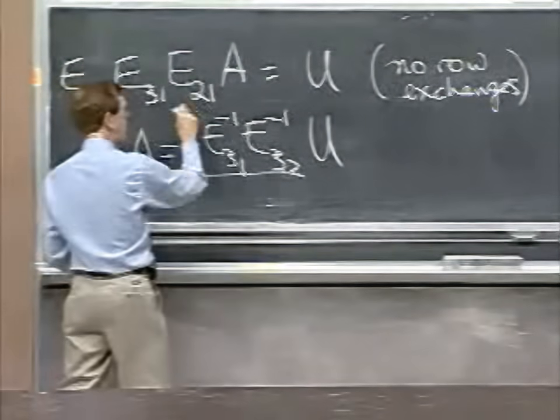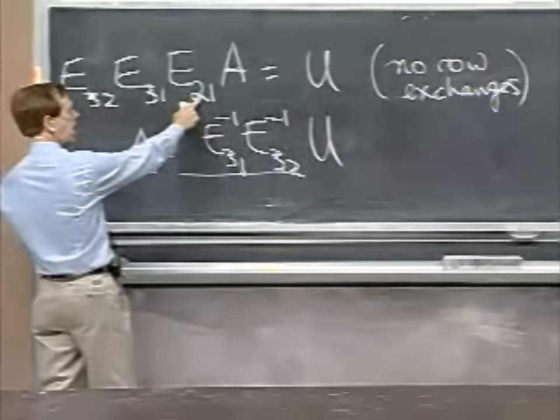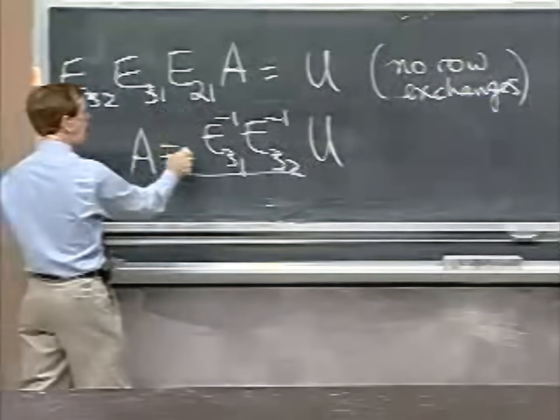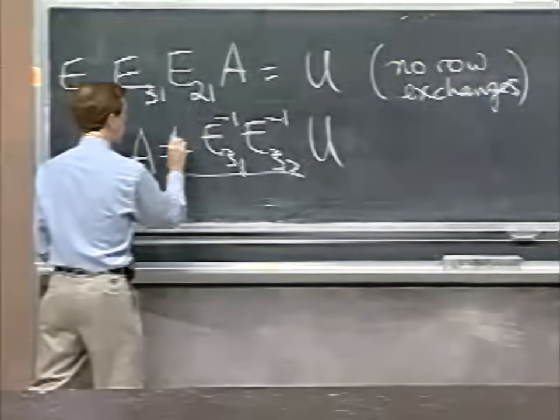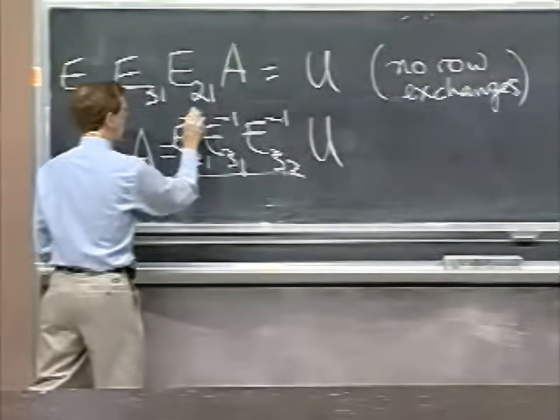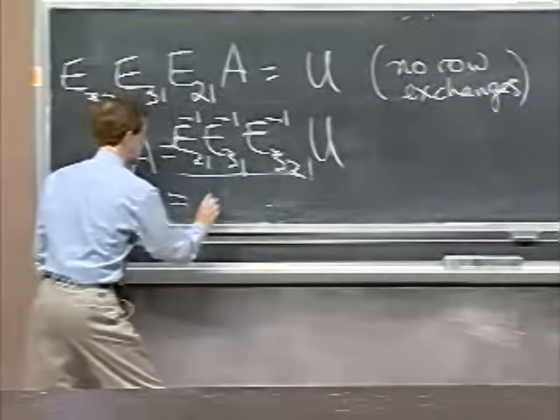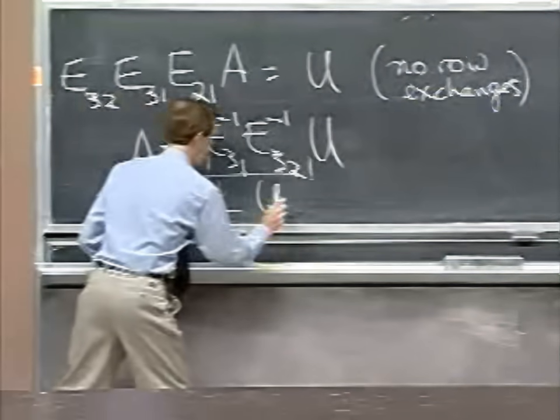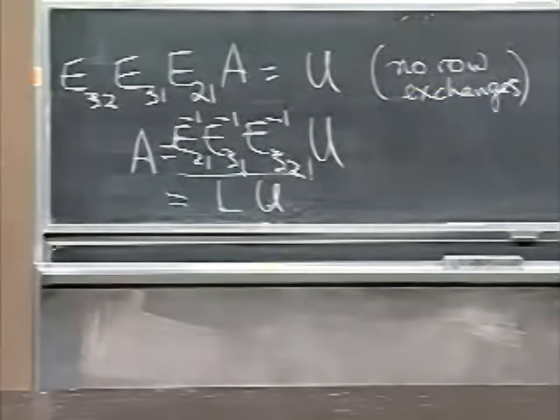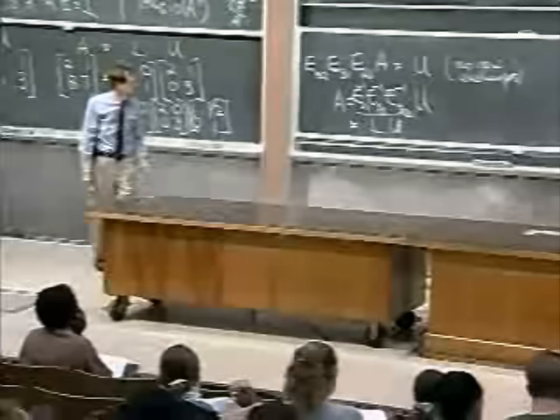And then this will be the only guy left standing, and that's gone when I do an E21 inverse. So there is L. That's L, U. L is this product of inverses.